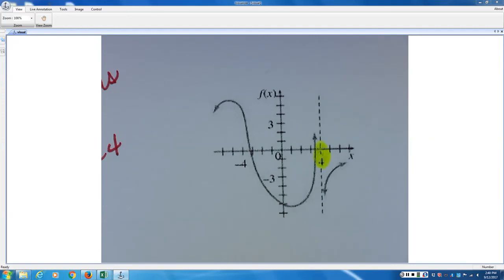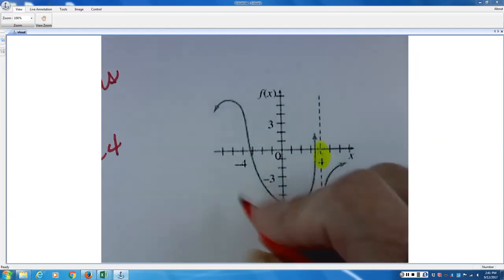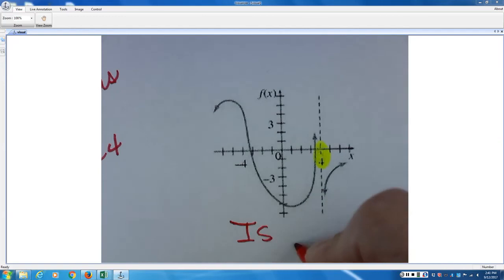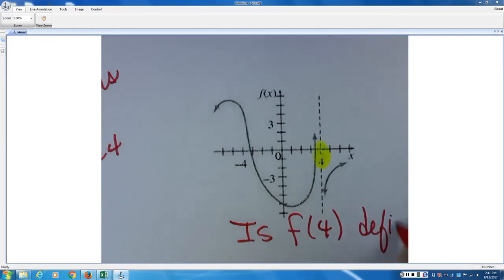First question is, what's the first question going to be? Okay. Does it exist? No. It's undefined. It doesn't exist.